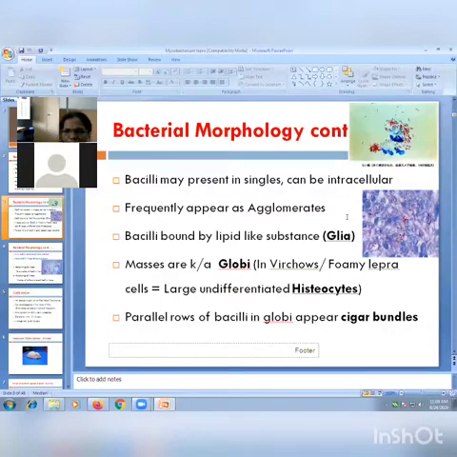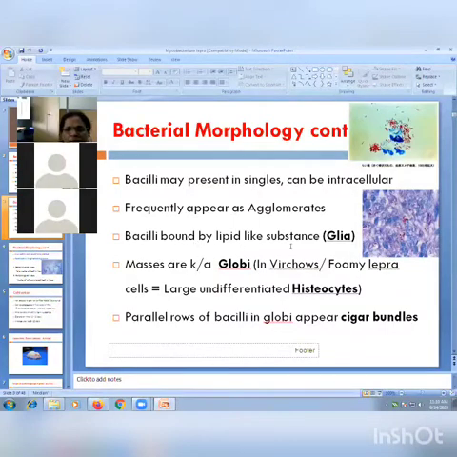Intracellularly means they are present in the host cells. So inside the cells also they get multiplied. They are present in the histiocytes, or what are called lepra cells. So when they enter into the tissues or body, they multiply inside cells also. That's why they produce intracellular lesions.